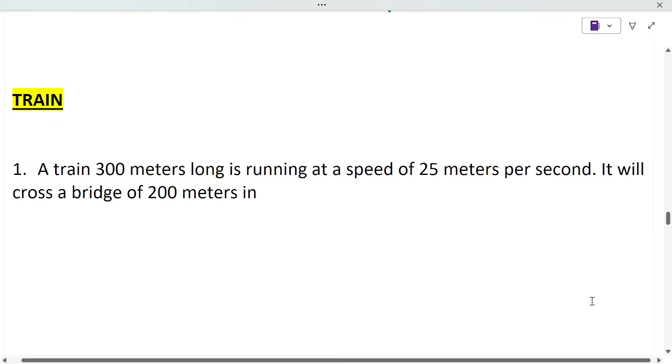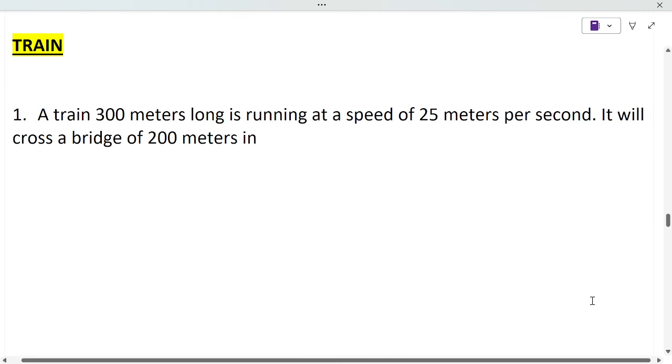Okay, next one. We have trains. This is also from time, speed and distance.